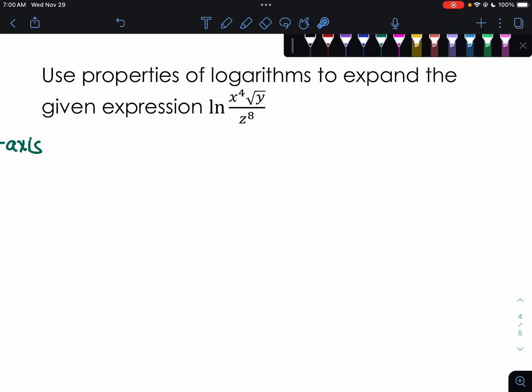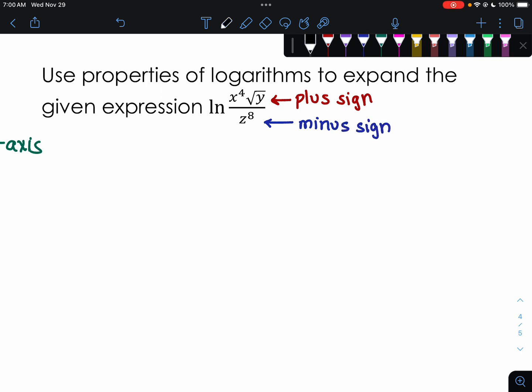So if it's on top, like it is here, that means there's going to be a plus sign between each of those natural logs. So the tops get plus signs. If it's on bottom, like this z, then it's going to get a minus sign.